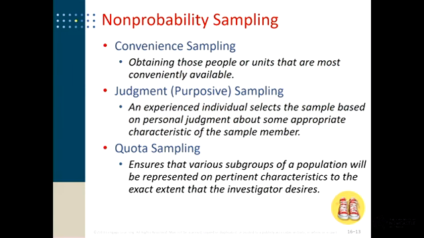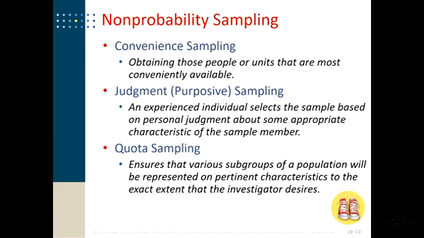Why do we call it convenience sampling? Because in this sampling, the sampling units are picked up because they are convenient to pick up. If you go to a shopping mall or a supermarket, pick up some customers and ask them to fill up a short survey, you are doing it because it is convenient. That's called convenience sampling.